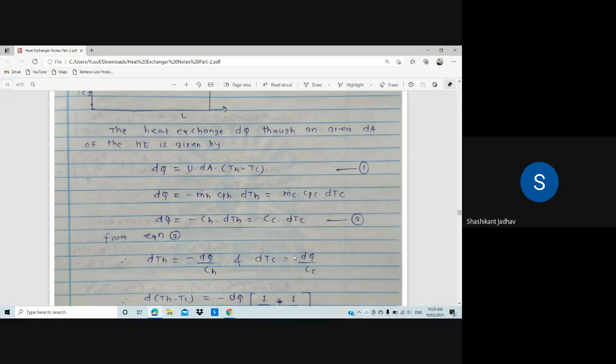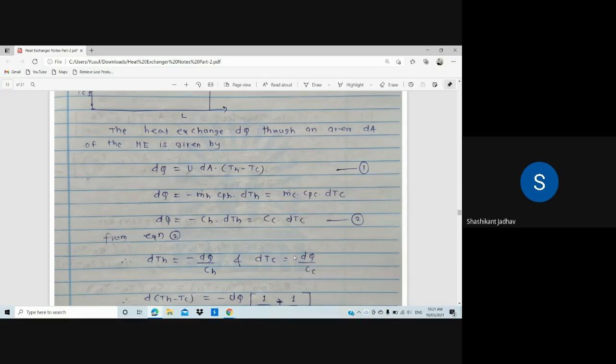Okay, so all of you write down: the heat exchange dq through an area dA of the heat exchanger is given by dq is equal to U into dA into bracket Th minus Tc, and this is the equation number 1.